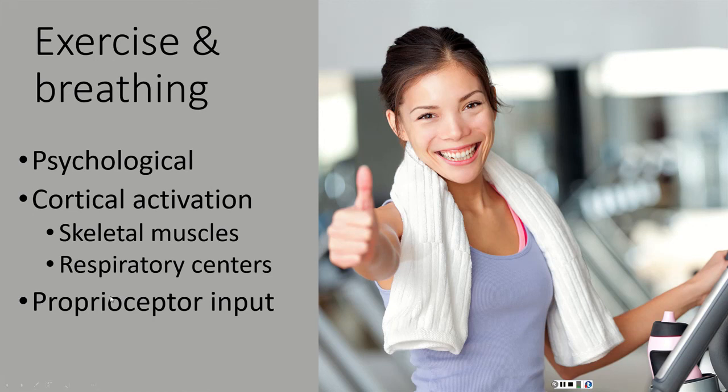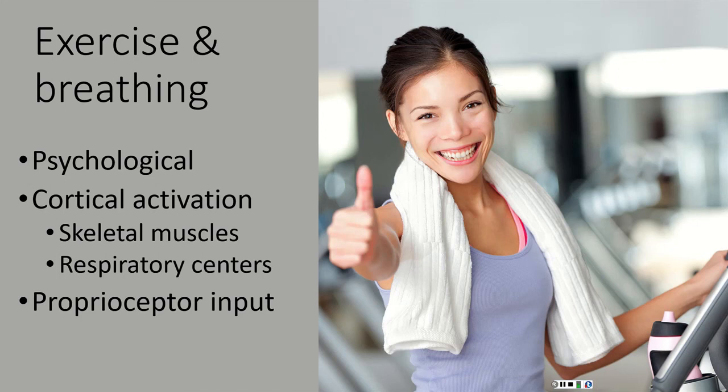And lastly, proprioceptor input. Like I said earlier, those proprioceptors detect when we're moving. When we start moving, signals are sent to our medulla, and it tells our DRG, hey, we're moving more. And our DRG tells our VRG, hey, we should probably start breathing faster.